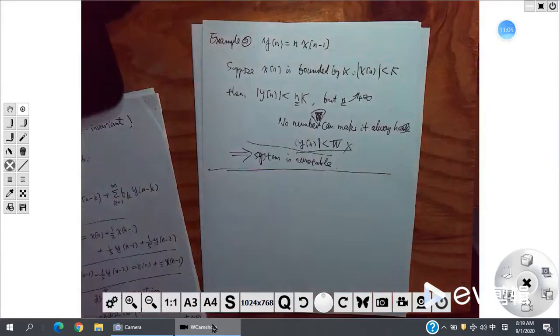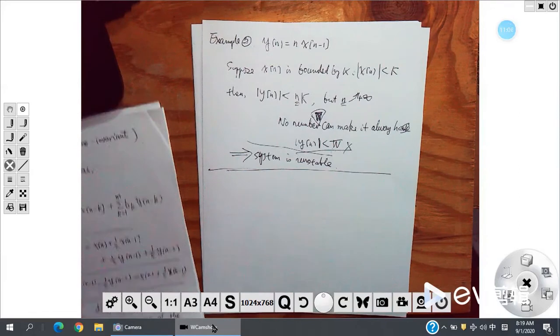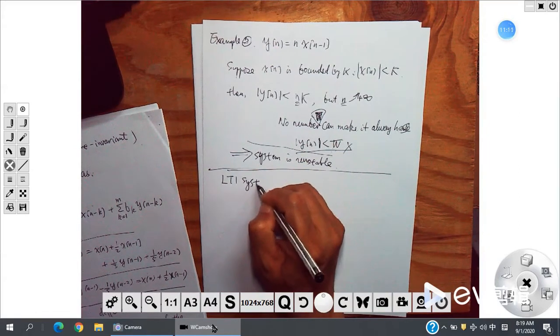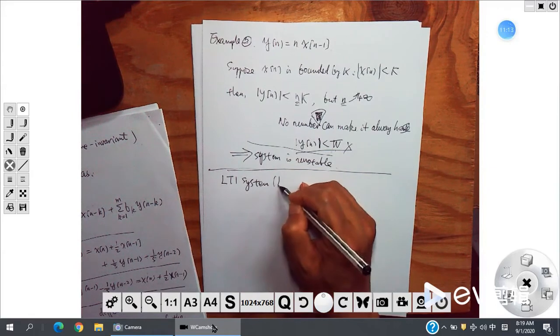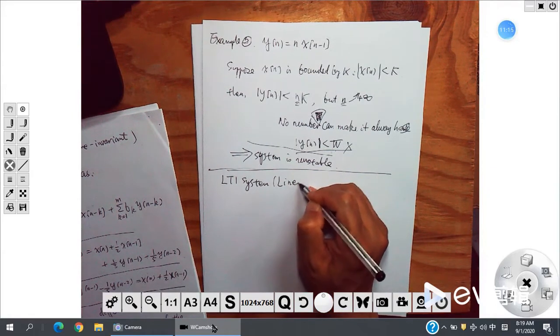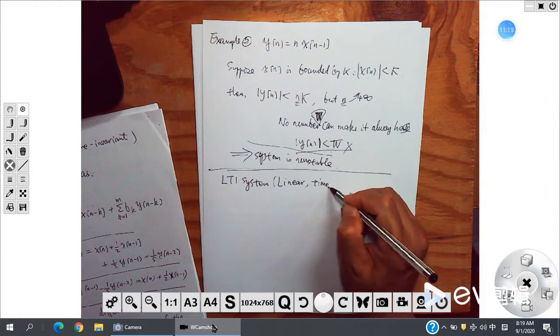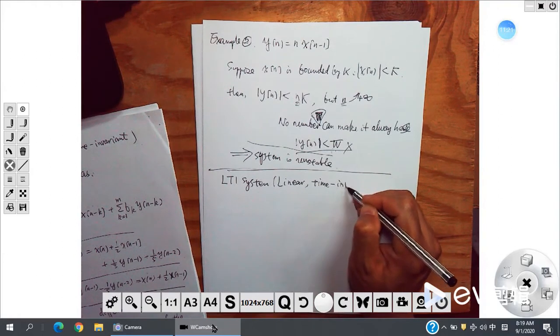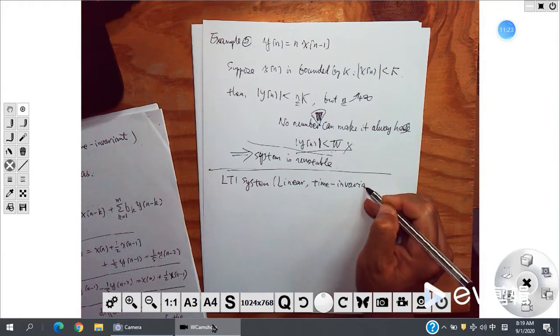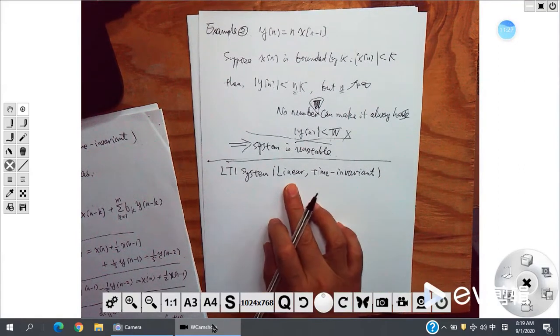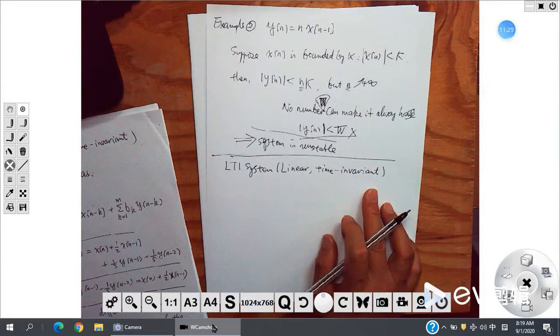We call these LTI systems, which are linear as well as time invariant. So we have these 2 features. This kind of system is both linear and time invariant.